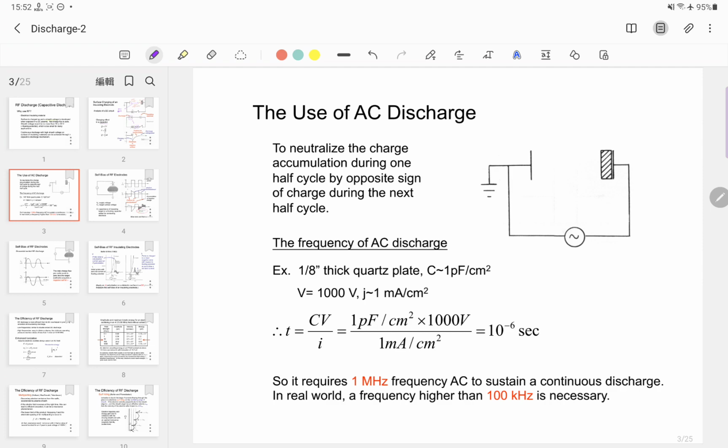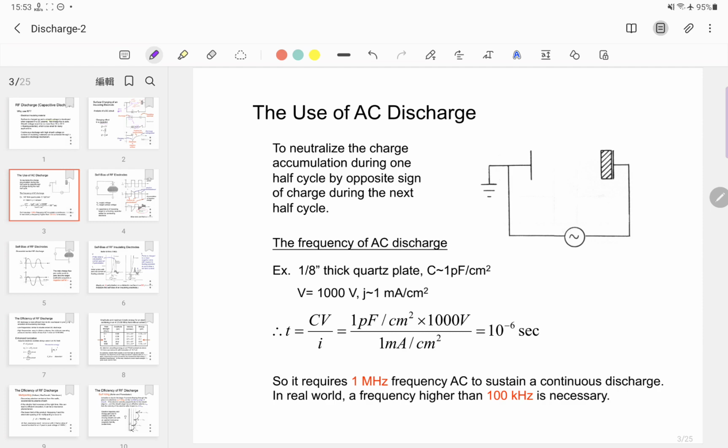In industry, you can use an RF frequency a little bit higher or a little bit lower than 1 megahertz. If you use about 100 kilohertz, you can generate plasma. And if you use 13.56 or 14 megahertz RF power, you can also generate plasma.